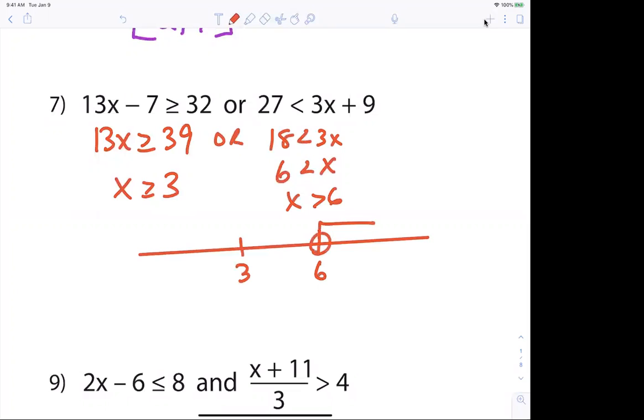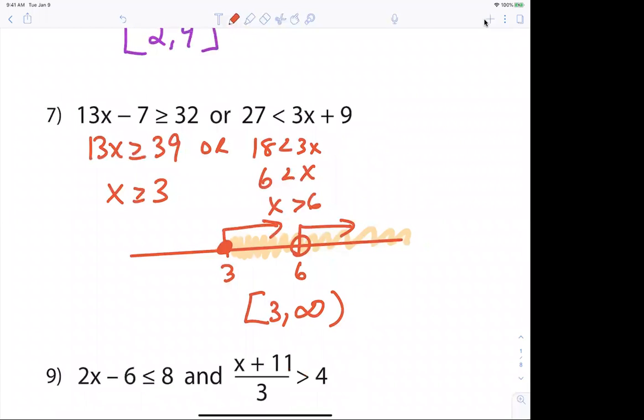Open circle going this direction, solid dot going this direction. Because it's "or," it only has to be true for one of the statements. So the correct answer would be that. So we would say 3 to infinity.